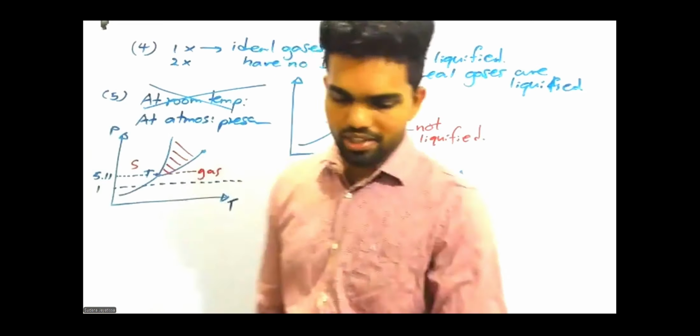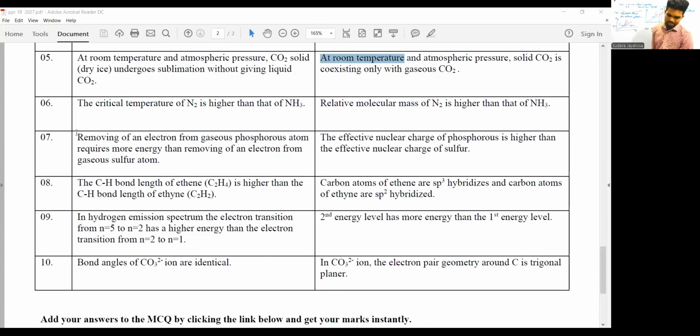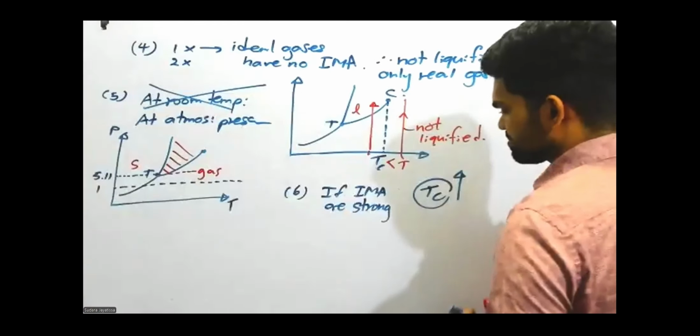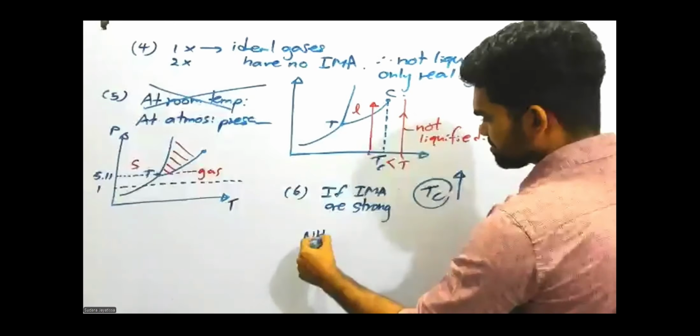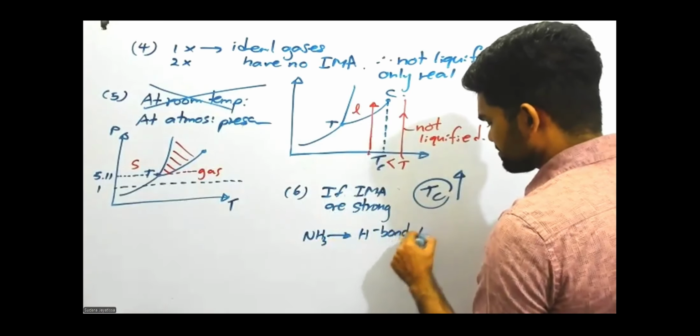So here, look at the statement again. It says, critical temperature of N2 is higher than that of ammonia. So it's wrong. Critical temperature is higher in ammonia. You can write the interactions in the review. Ammonia has H bonds and London forces.